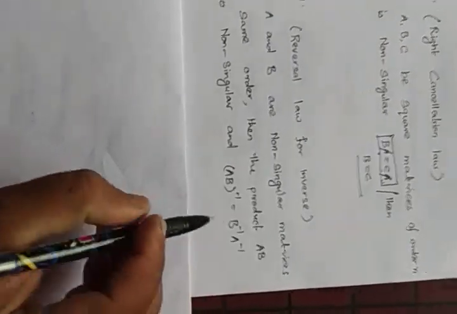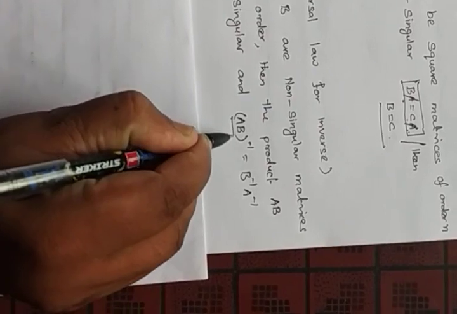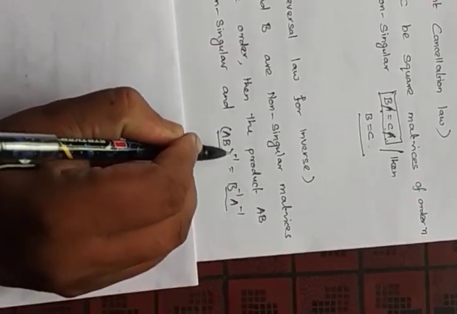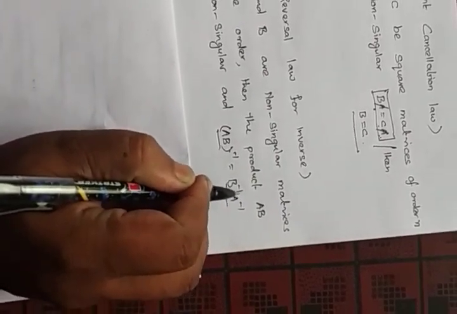You can see here, first AB is there, and here in reverse they have written BA. Is that clear? Here the combined inverse is there, and here the individual inverses are there. That's why we call it the reversal law, because AB is multiplied on one side and on the other side we see BA, the reverse. That's why we name it the reversal law for inverse.